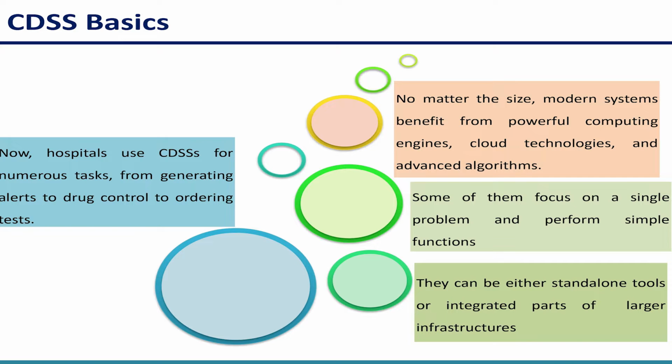This decision support system comes in a number of versions. They can be either standalone tools or an integrated part of larger infrastructures. For example, we have the EHR, the electronic health records, where every patient who goes to the hospital has their whole information recorded in the system.